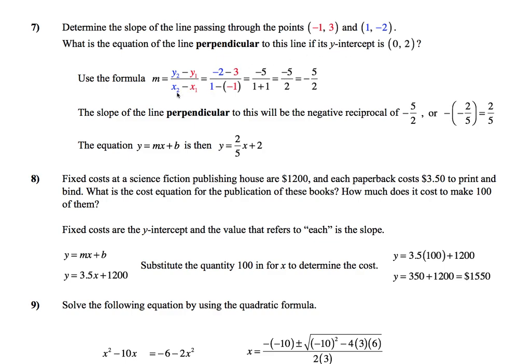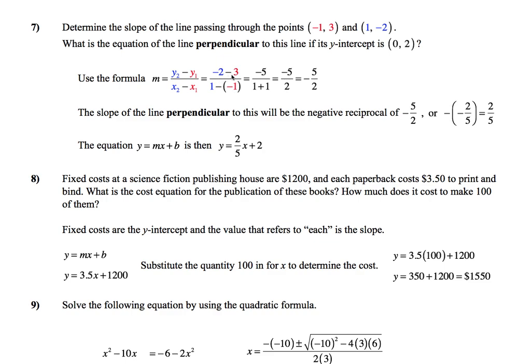So in the denominator, because we have the y from this point, -2, we need to use the x from this point, which is 1, in this spot here. Then we subtract the x value that corresponds to a y value of 3, that is the x value from this point, and so that's -1.